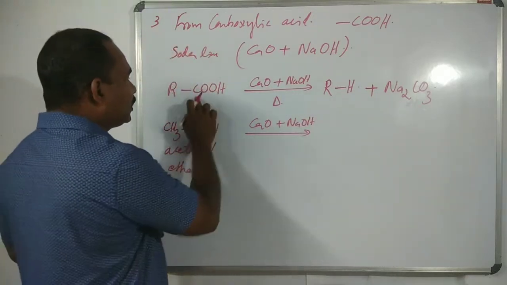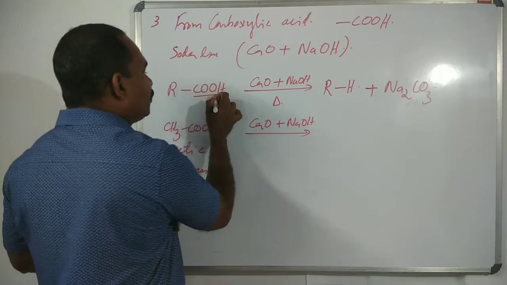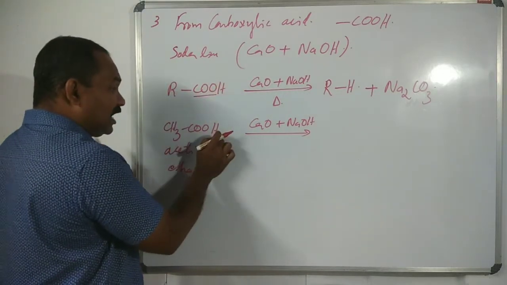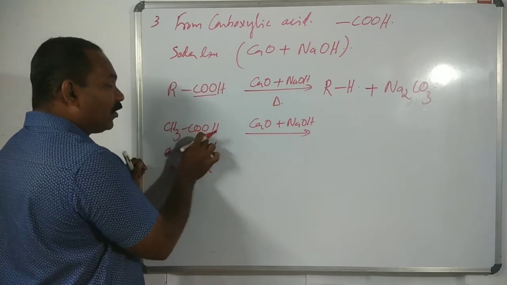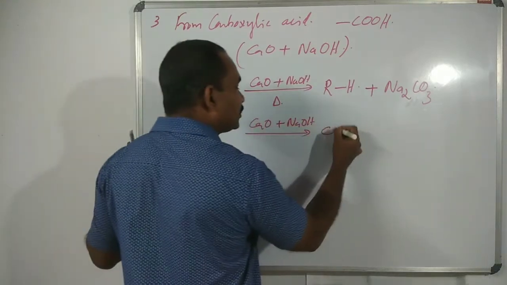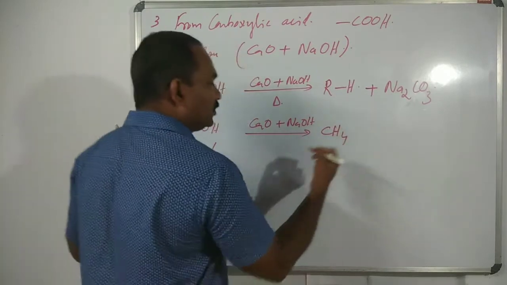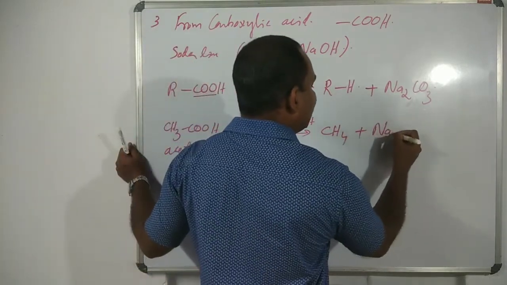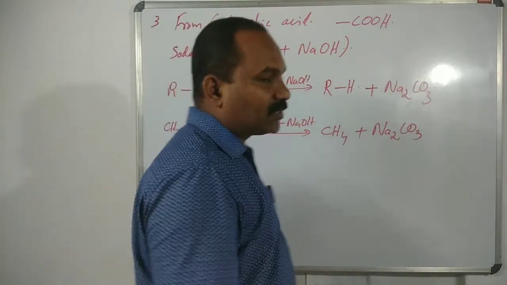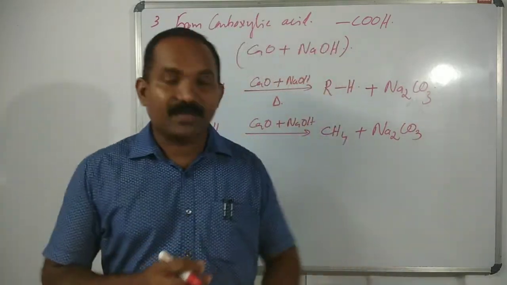What happens here? The COO group is removed and hydrogen is added to the alkyl group. That's why we get CH4 plus Na2CO3. The byproduct is Na2CO3.